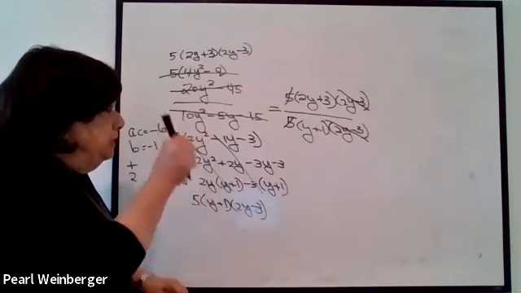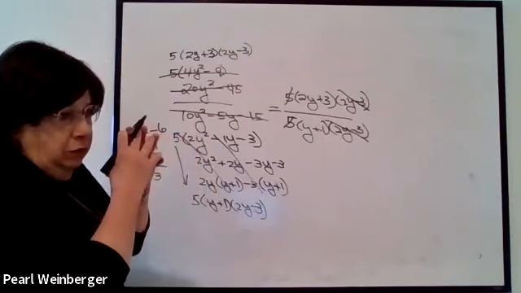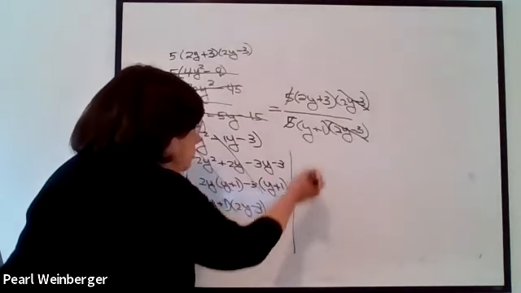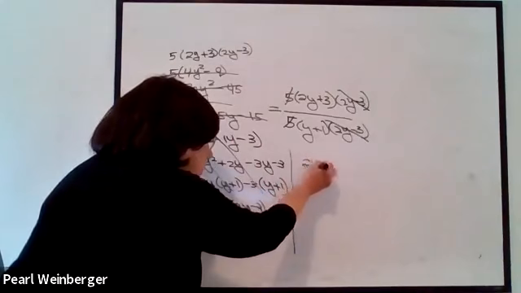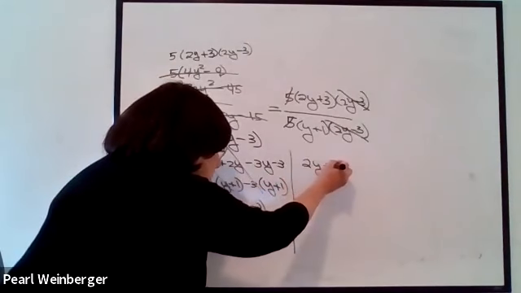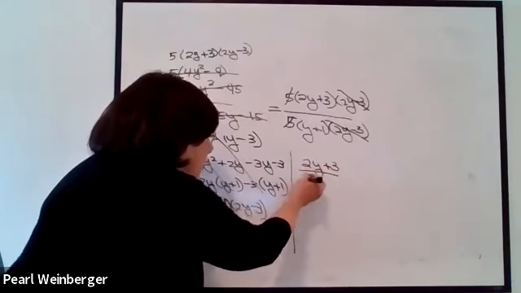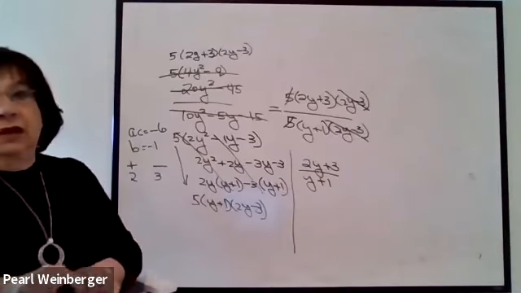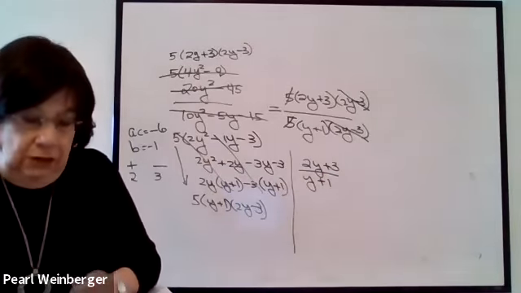You can't do it piece by piece. You have to deal with the whole expression. So my final answer comes out to be 2y plus 3 in the numerator and y plus 1 in the denominator.